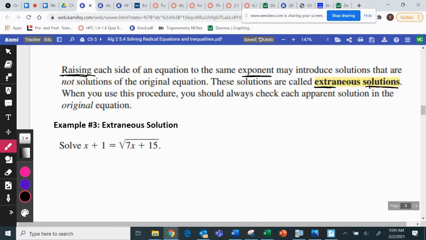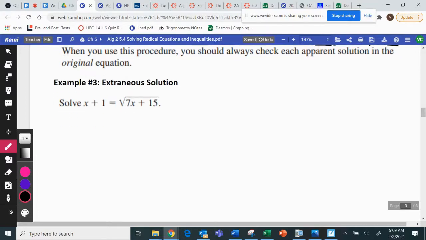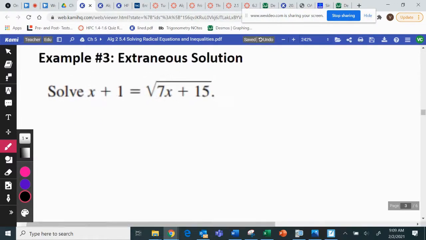So when I go and I look at this first question and I say, I need to get the x's on the same side. They're currently not on the same side. But before I can get them on the same side, I can't have square root 7x. I got to get rid of that. So how do I cancel out square root?